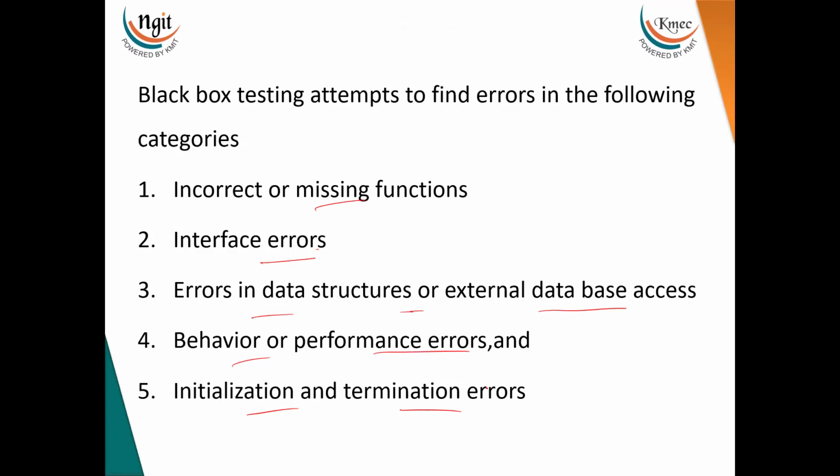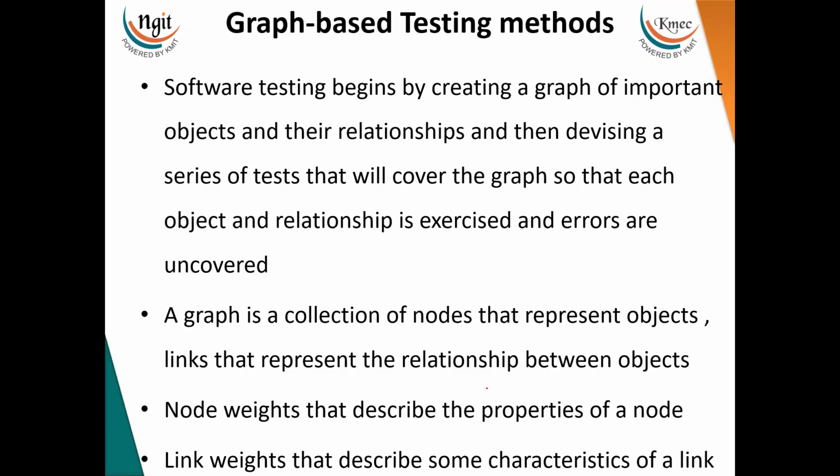Next, we talk about the graph-based testing methods. Software testing begins by creating a graph of important objects and their relationships, and then devising a series of tests that will cover the graph so that each object and relationship is exercised and errors are uncovered.